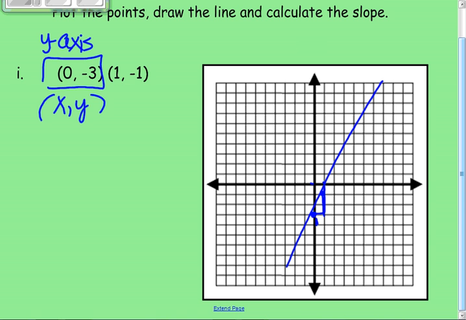No. It's 2. Careful, I'm off a little bit on my line. Now, is it 1/2 or is it 2/1? It's 2/1. It's the rise over the run. It's the change in y over the change in x.